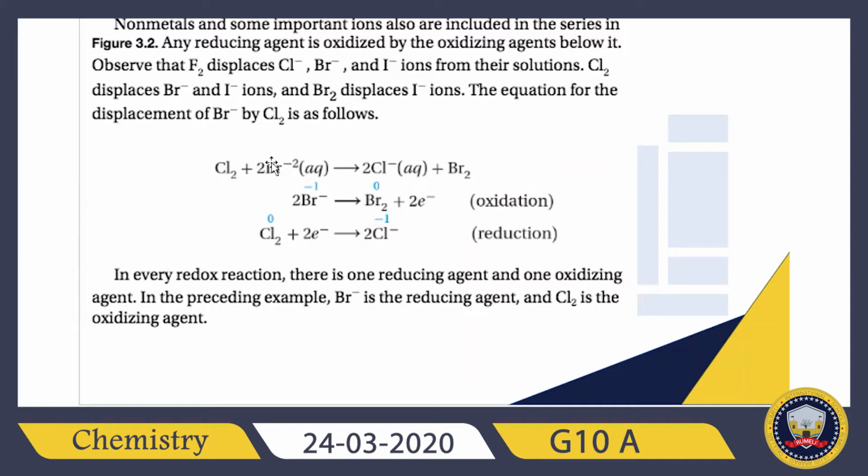So that is oxidation, and we call it a reducing agent, the opposite. Now the Cl2, what happened? It gained electrons. Because it is gaining, it is a reduction. So we call it an oxidizing agent, the opposite. You should remember that.